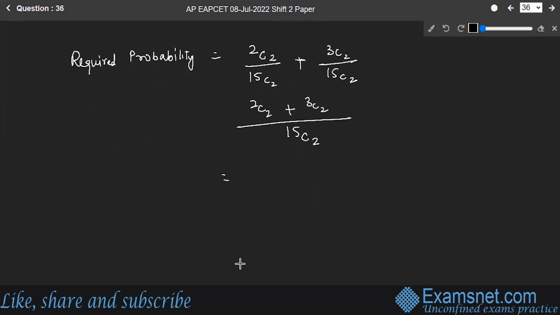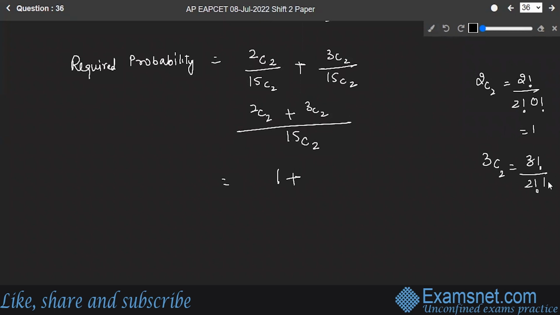So 2C2 is given by 2 factorial upon 2 factorial into 0 factorial, which is equal to 1. And 3C2 is given by 3 factorial upon 2 factorial into 1 factorial. So this is equal to 3.